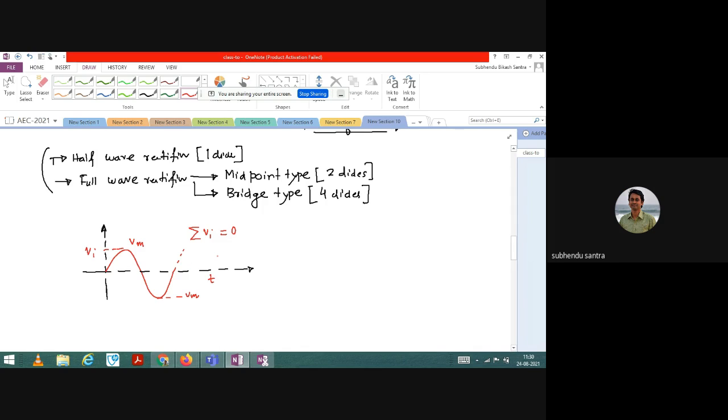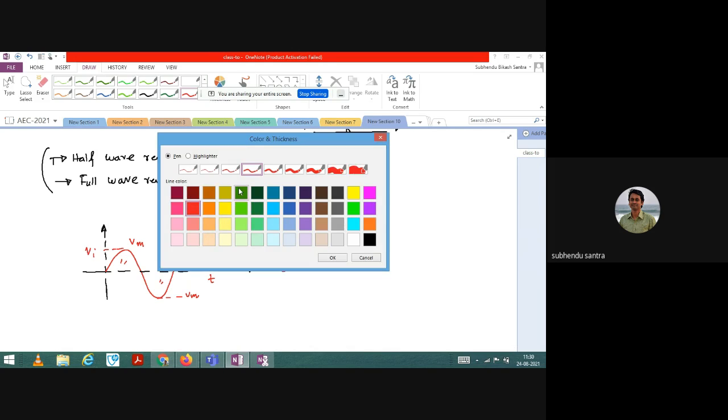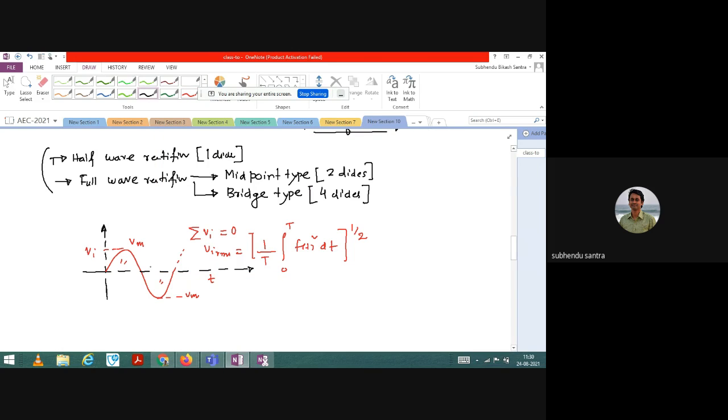So for this, there is definitely an alternation. In that case, we say the signal is an alternating supply, and for the alternating supply you have Vi RMS. Vi RMS is nothing but the square root of 1 by T, integral from 0 to T, of f(t) squared dt. Meaning, you need to find the square root of the average of the squared area.